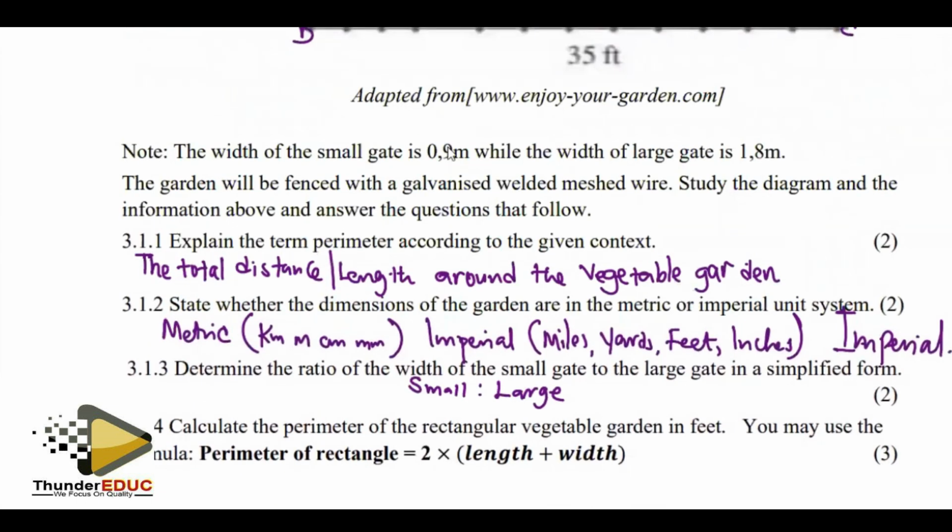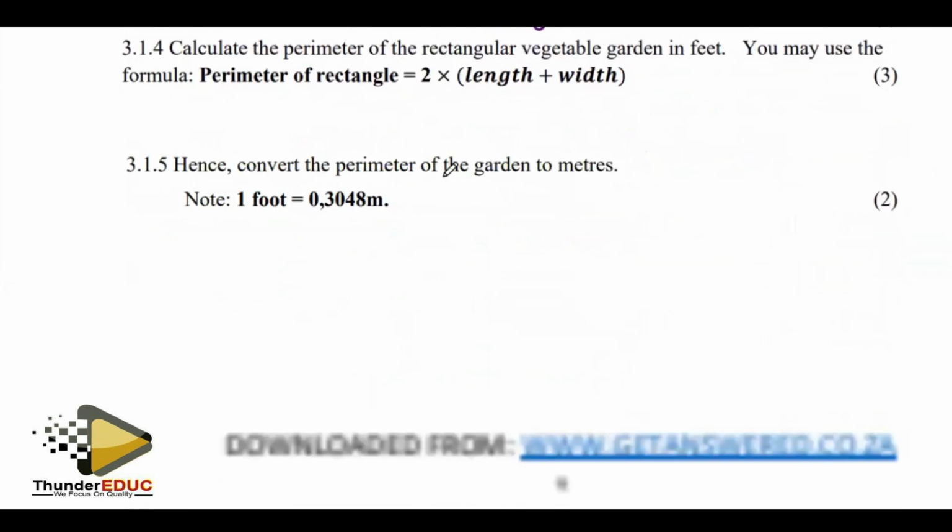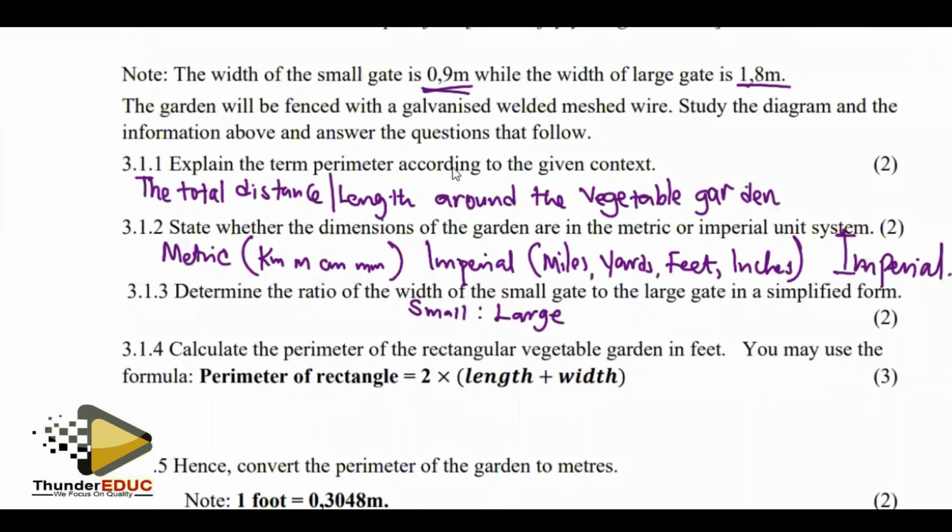We have it at 0.9 meters, and the large gate is 1.8, in that order. So 0.9 is to 1.8. Simplify it, it becomes 1:2.